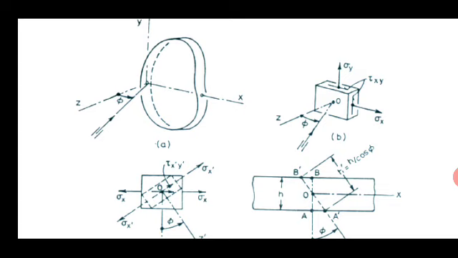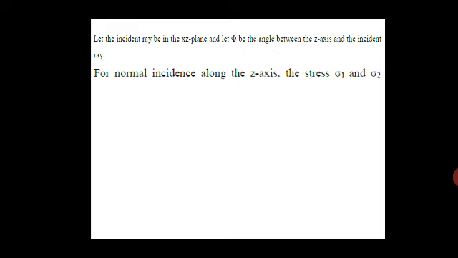However, experiments reveal that in oblique incidence, the stress components which cause the photoelastic effect are not the primary stresses. Hence, the method can be determined by considering the primary stresses sigma x, sigma y and tau xy.